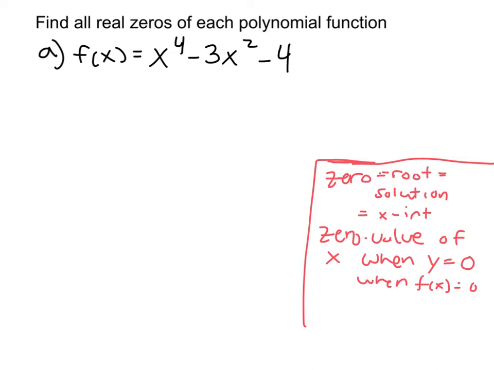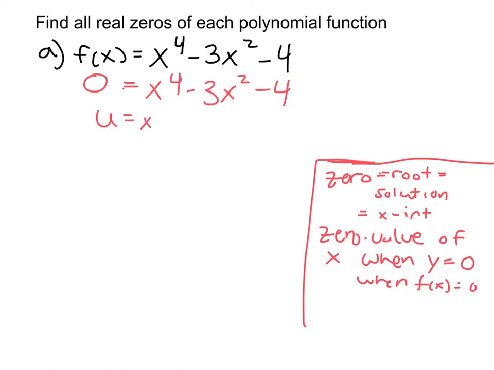First thing I'm going to do is set f of x equal to 0. So I'll have 0 equals x to the fourth minus 3x squared minus 4. Now my goal is to find what x's will make this equation true. You remember a long time ago when we were talking about factoring, I mentioned this u substitution.